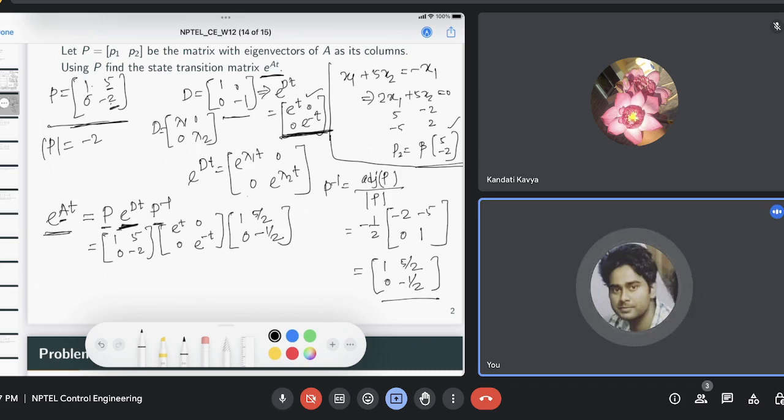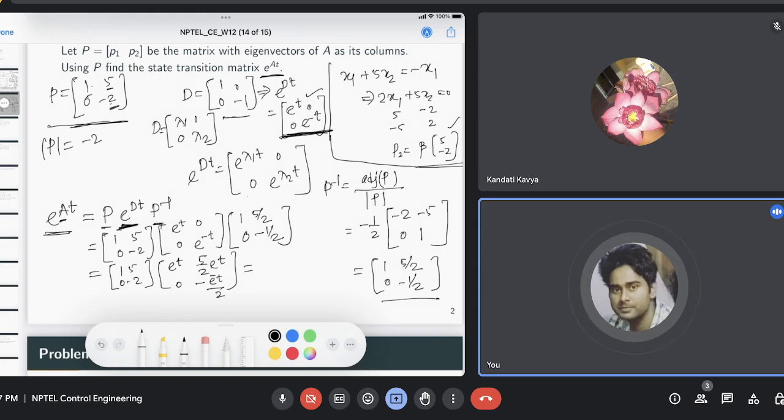Then we simplify that. So this is 1, 5, 0, minus 2, and e to the power t, and 5 by 2 e to the power t, 0, and minus e to the power minus t by 2.